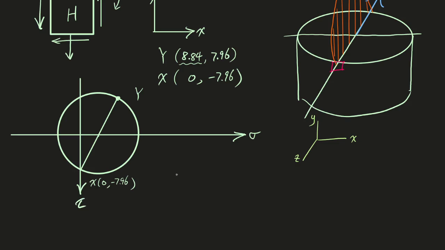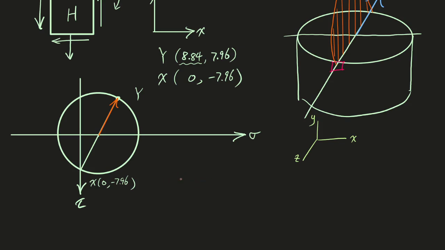Now I want to find the radius of the circle. There are formulas for it, but what I like to do is draw a vector from the center to one of the points, say Y. I always try to choose somewhere in quadrant 1 or quadrant 2, but you do what you do.